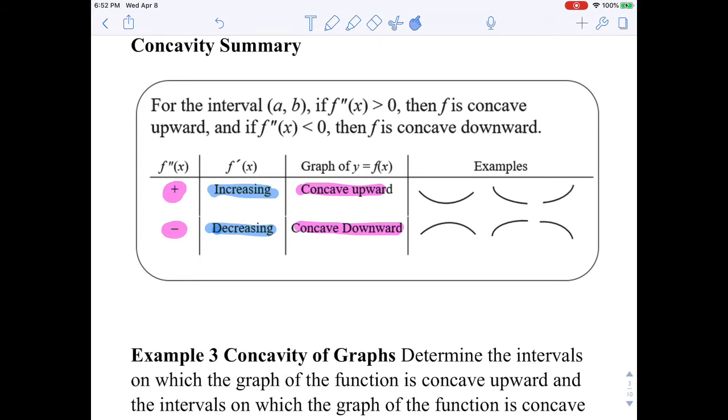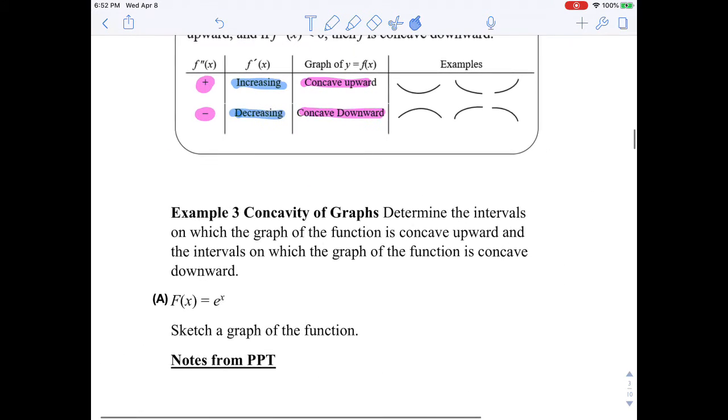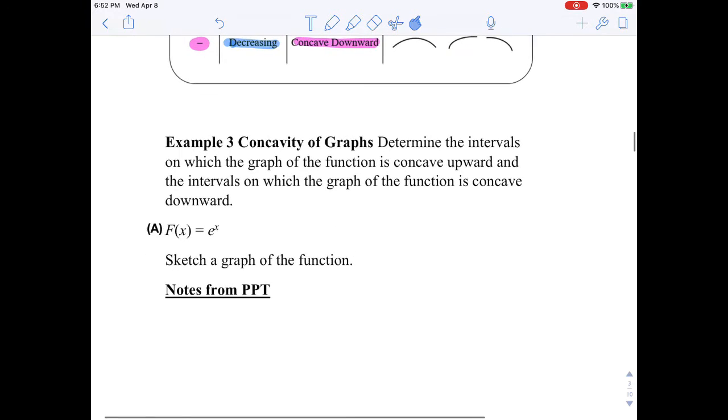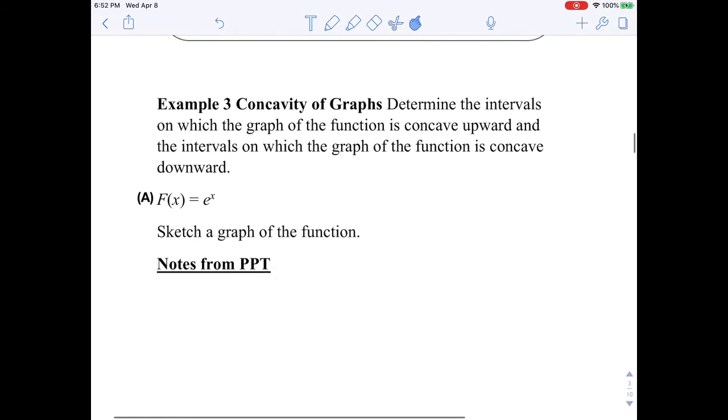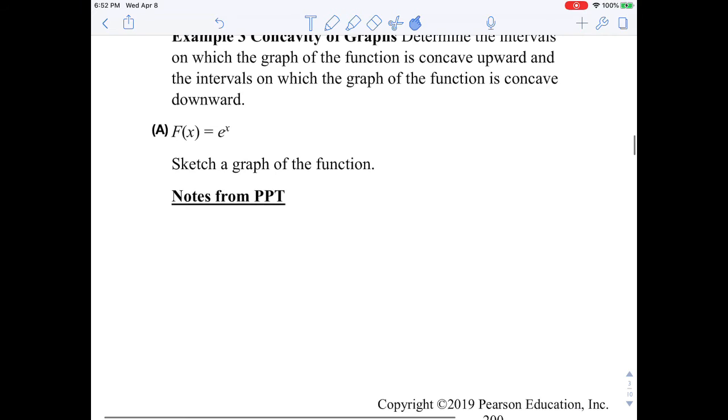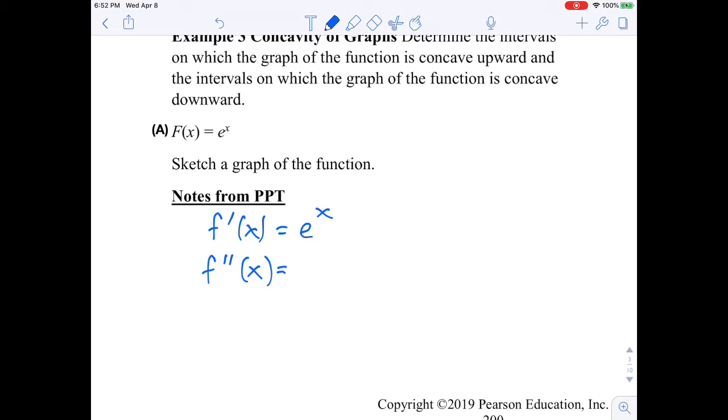It will concave downward. So we're going to determine the intervals in which the graph of the function is concave up and concave down. In order to do that, we need to take the first derivative and then take the second derivative.